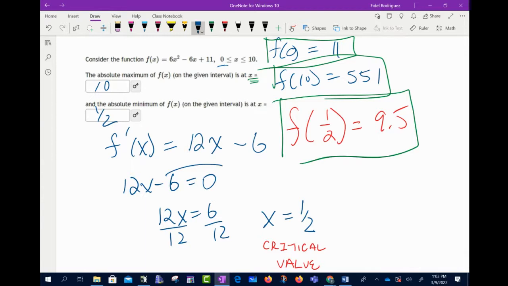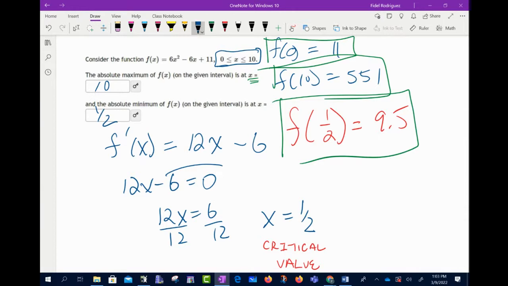Is that making sense? Well, isn't 1/2 between my numbers 0 and 10?